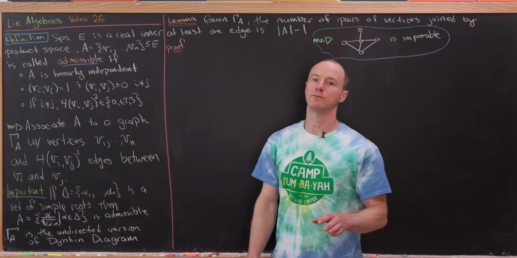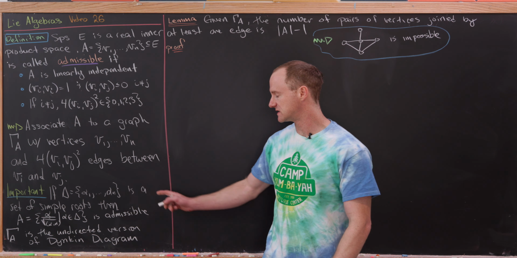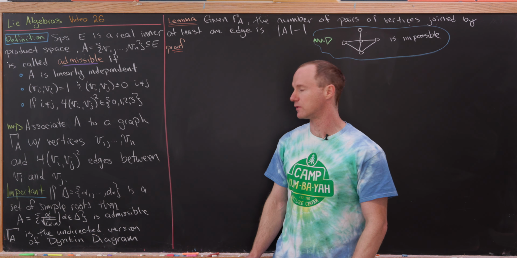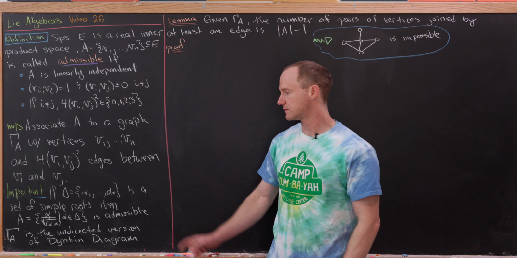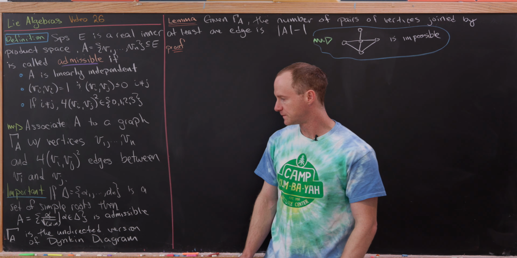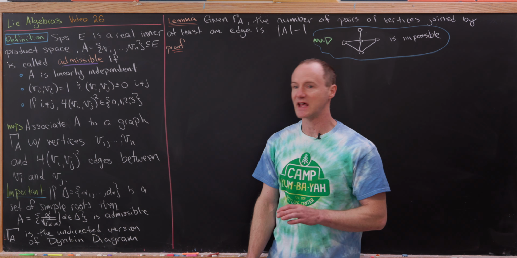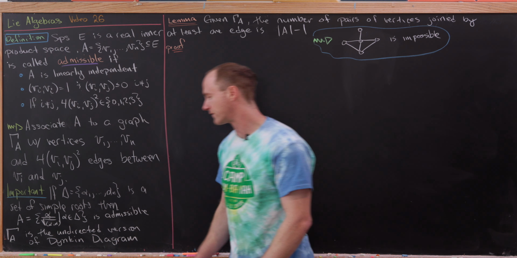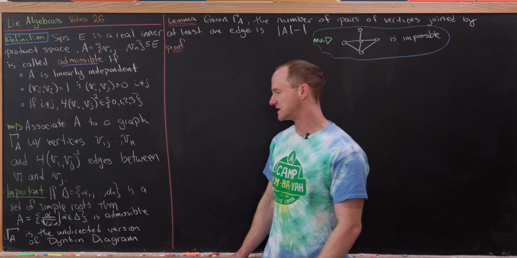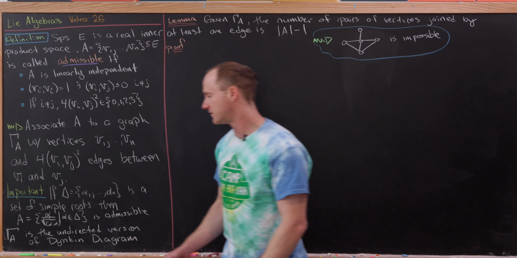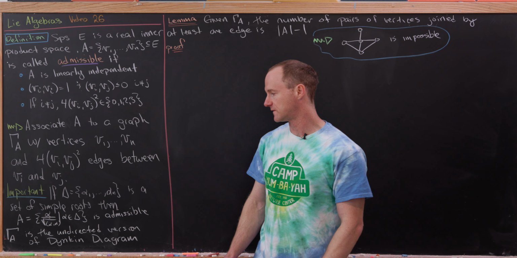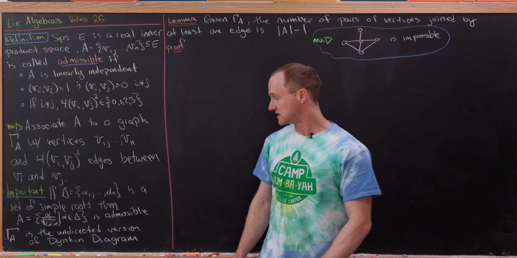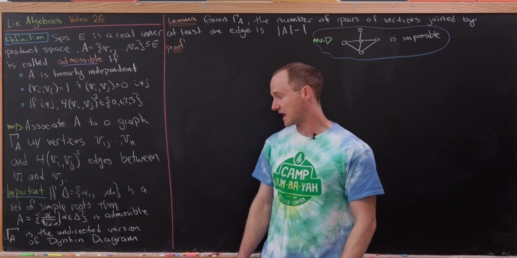And here's a really important fact: if we have a set of simple roots, in other words, a base for a root system, we'll call those simple roots alpha 1 to alpha n. And then if you take a set A, which is a scaled version of these simple roots, scaled by taking alpha over the square root of the inner product of alpha with itself, then this ends up being an admissible set.